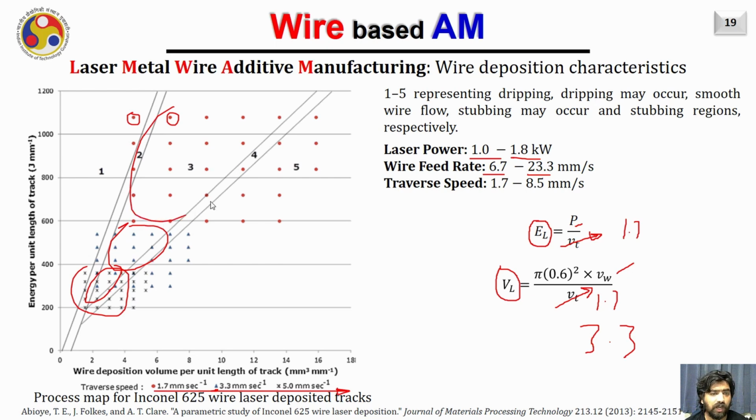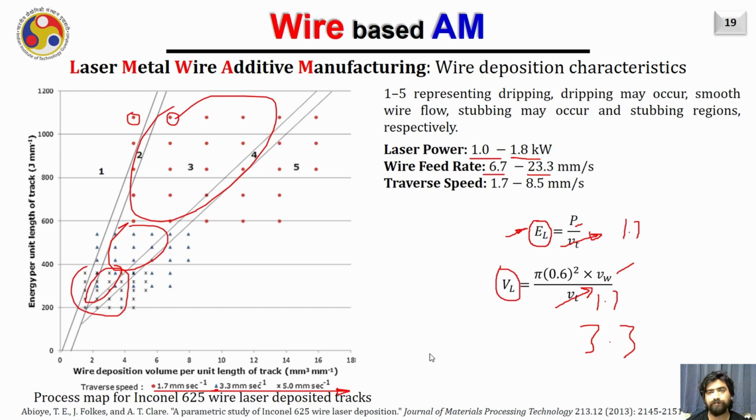Here it is a larger zone, while as we come down, this zone keeps on reducing. It is happening because we are increasing the speed of the optical head or the laser head. As the speed increases, of course the energy available per unit length of the track will be less, and hence you will not be able to transfer or deposit the wire appropriately, and hence the smooth transformation may not occur.